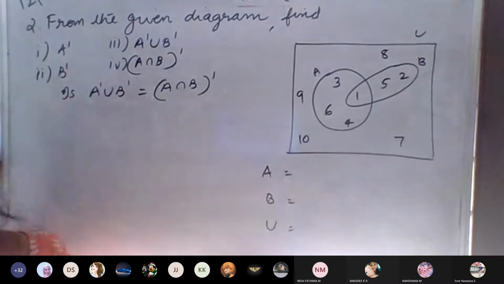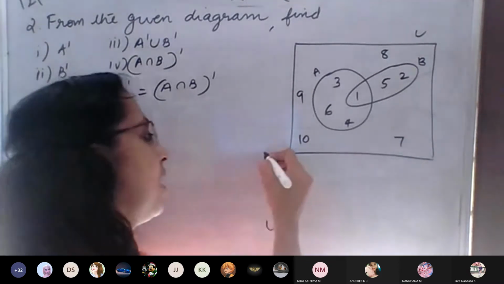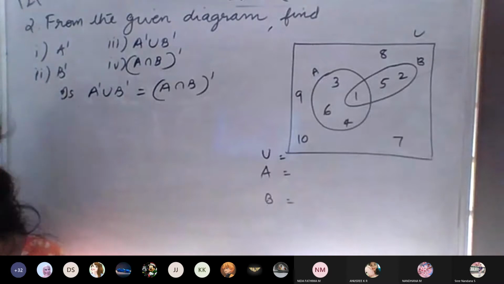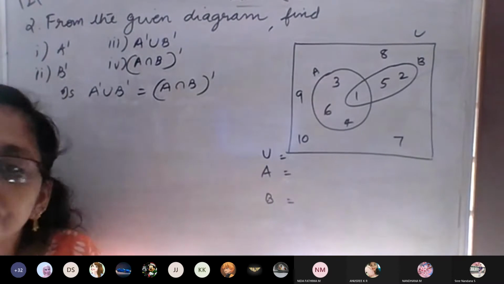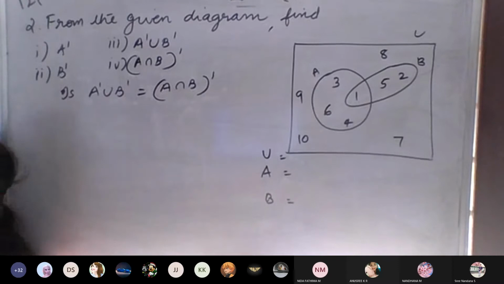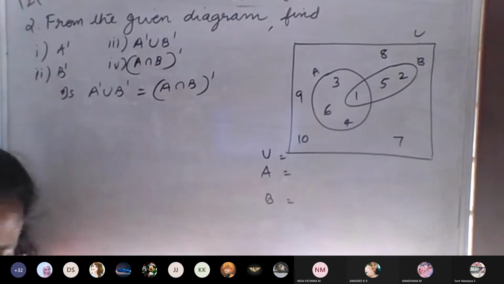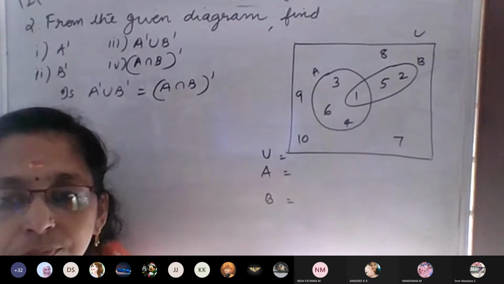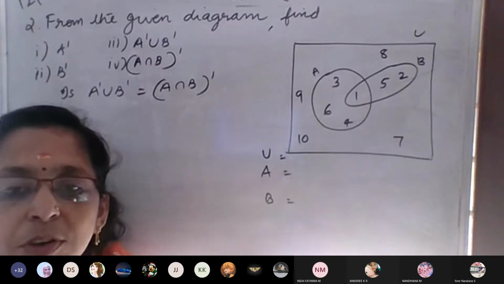Or starting itself you can write universal set. After that from the universal set only we are getting A, B, no. After completing, please raise your hands, okay? Or just give me a voice.